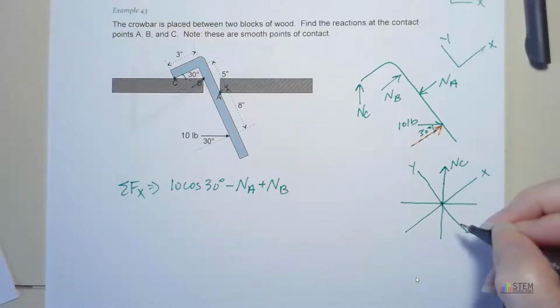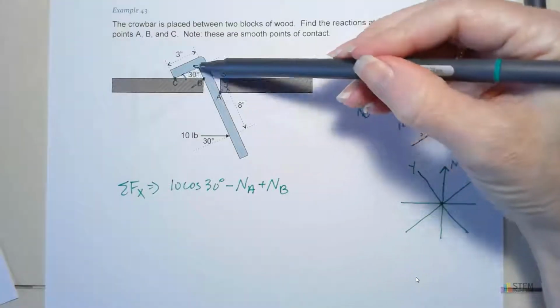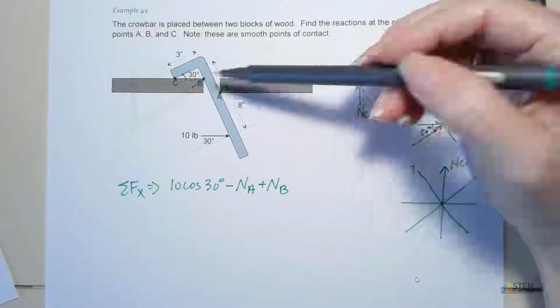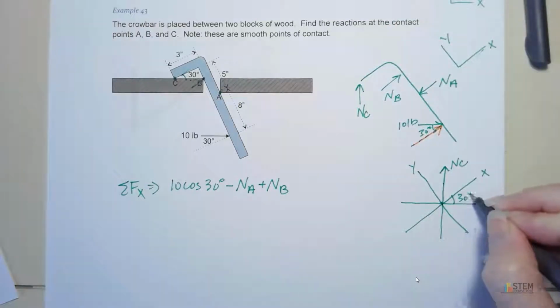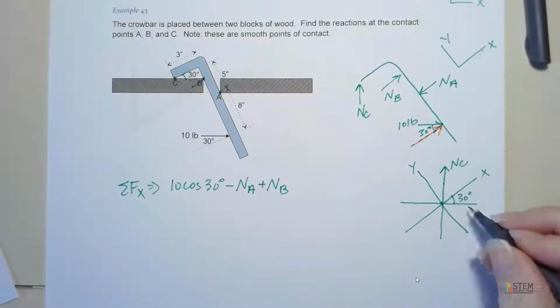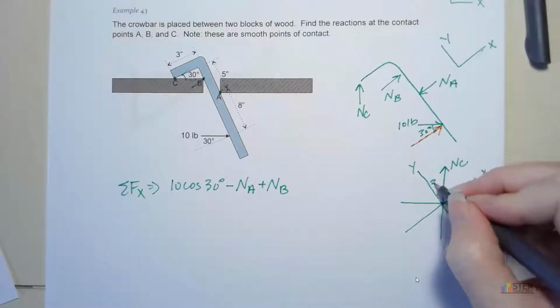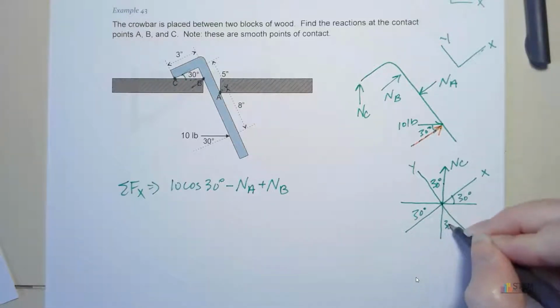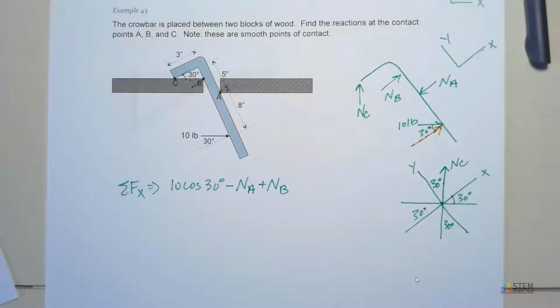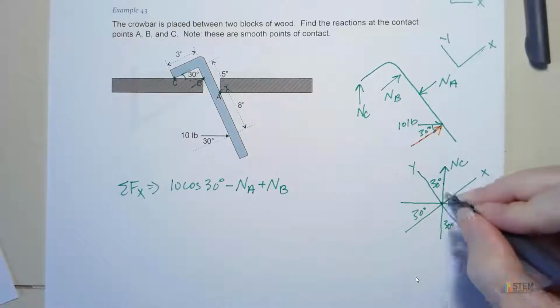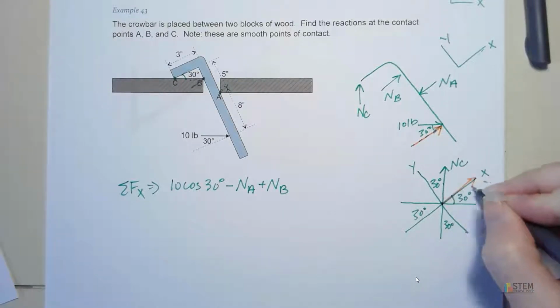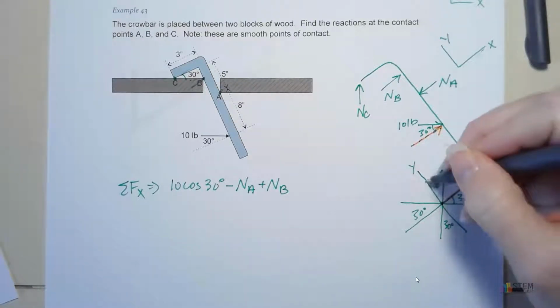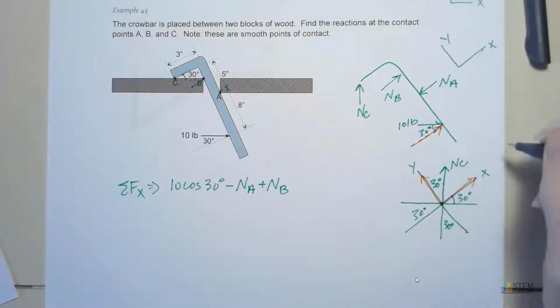It's 30 degrees between x and the horizontal line. That's this right here, right? So this is 30 degrees, this is 30 degrees, that's 30, and that's 30. What we're looking for are the x and y components here for NC. So we're going to have that x component and that y component.